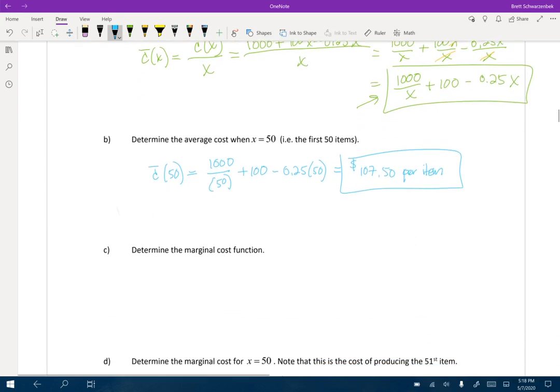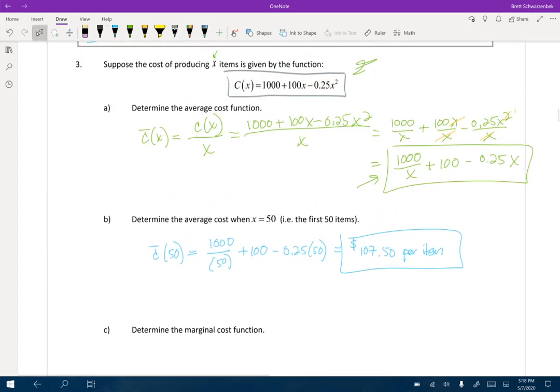So, believe it or not, we could have also substituted in, let's say, another number. So I'm going to do this as an aside because I can see this being very helpful for all of you. So what if we did C bar of 100 instead, and we did 1,000 over 100 plus 100 minus 0.25 of 100.